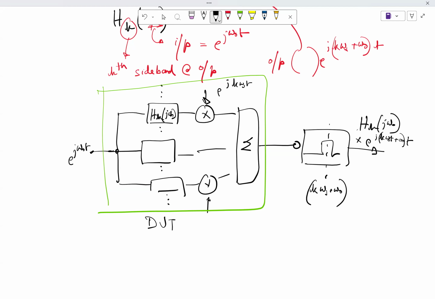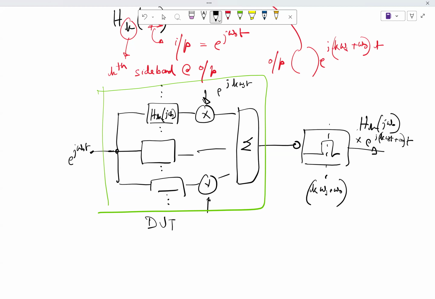Right? So if I put the bandpass filter at k omega s plus omega naught, then I would be able to find out exactly the strength of the harmonic for which I am finding out Hk j omega. Okay.